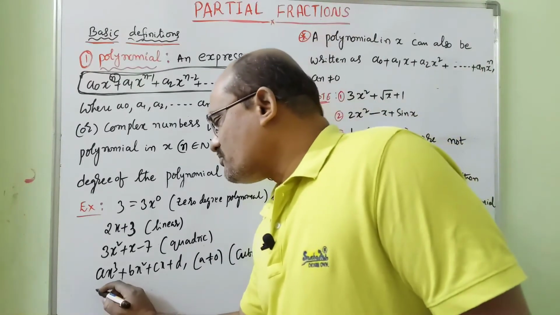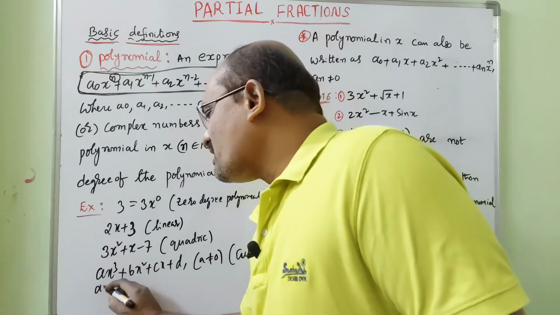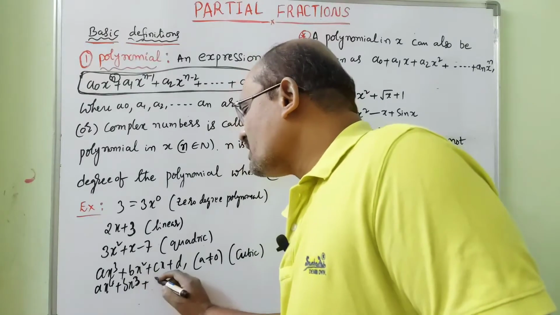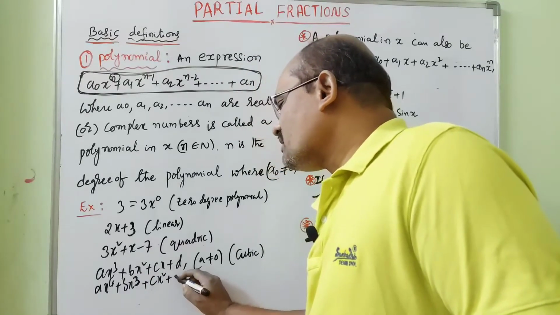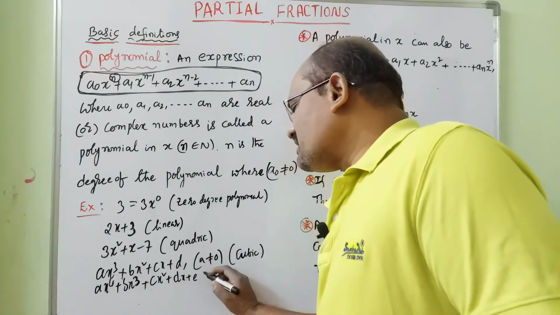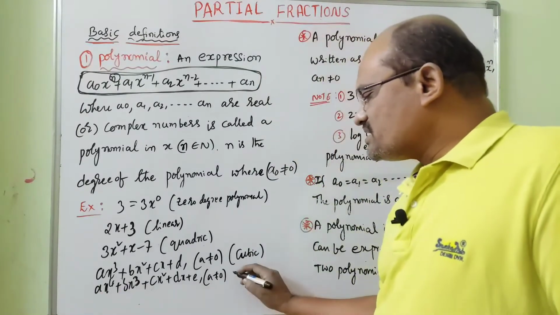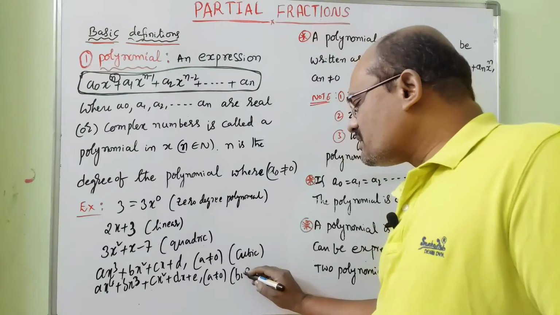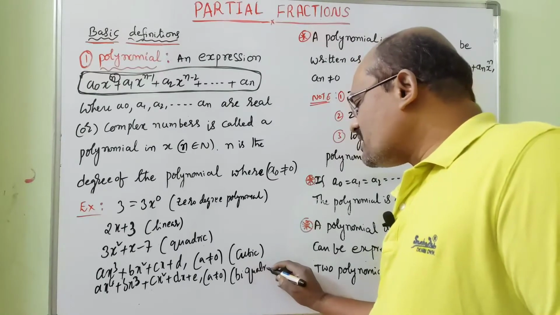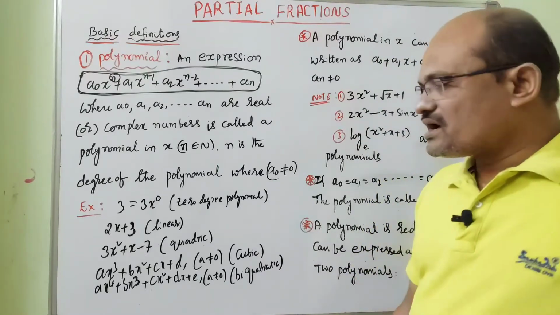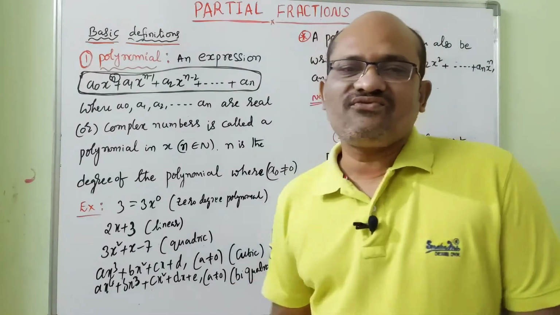Now let me write one more example, say ax power 4 plus bx cube plus cx square plus dx plus e. Here also the leading coefficient a should not be 0. It is called a biquadratic polynomial, because the degree of this polynomial is 4.